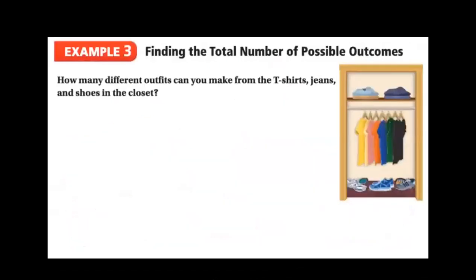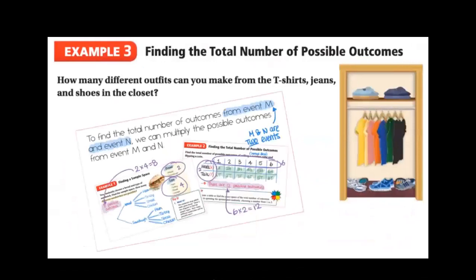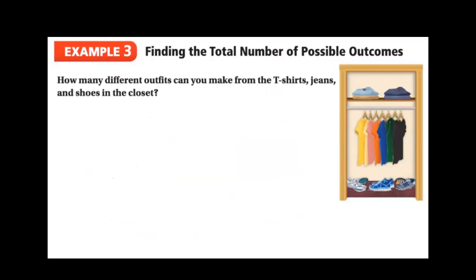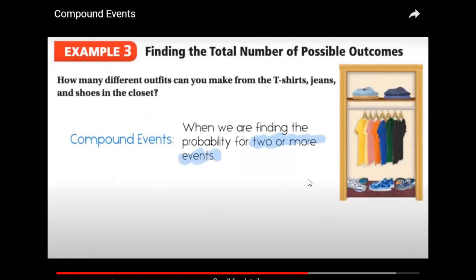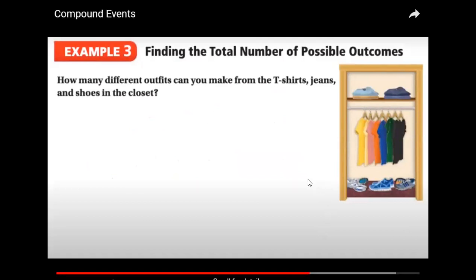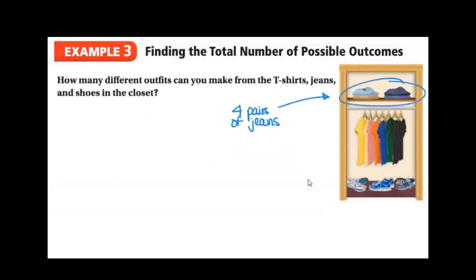In our third example, let's use that quick method that we just talked about to determine the total number of possible outcomes. This question says, how many different outfits can you make from t-shirts, jeans, and shoes in the closet? Remember, compound events can occur from 2 or more events. Since we're looking at 3 different items of clothing, we have 3 different events. If we look in the closet, we can see that there are 4 different jeans, so there are 4 outcomes.